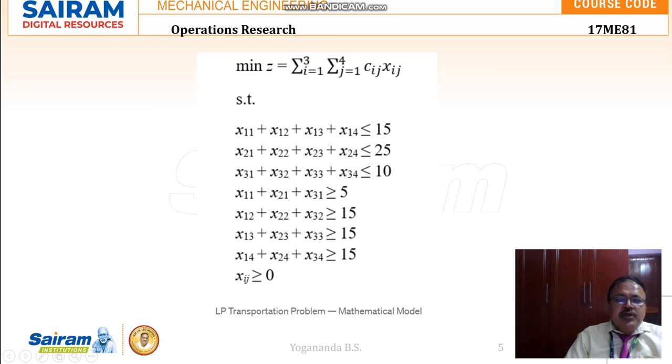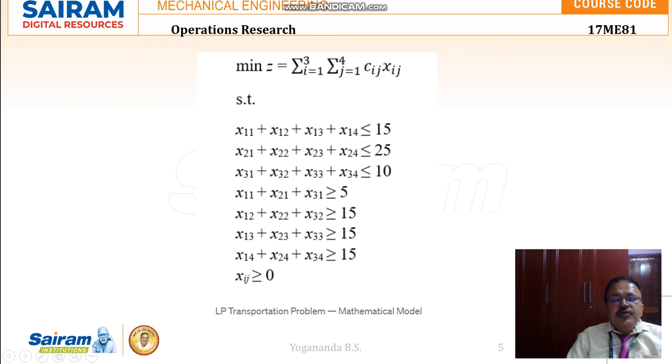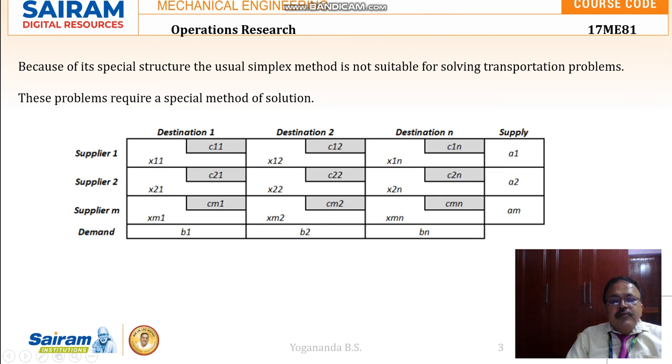It is subject to the constraints that x11 plus x12 plus x13 and so on till x1n will be less than or equal to 15. That means the capacity of supplier 1 is 15, whether it is supplied to destination 1 or destination 2 or destination n.